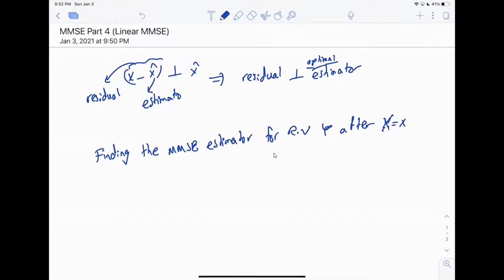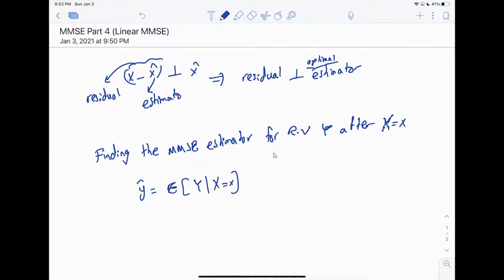We saw that the best estimator in that case, y hat, is equal to the expected value of y given x equal to little x. So this is going to be the best estimator after observing some data.